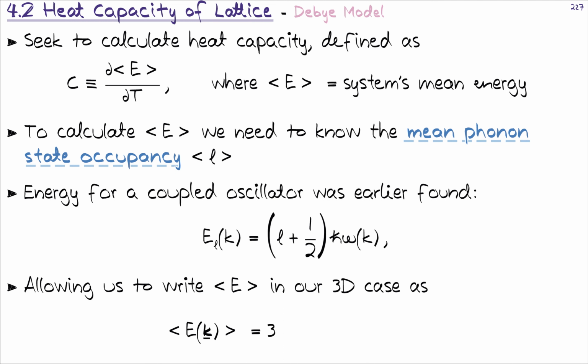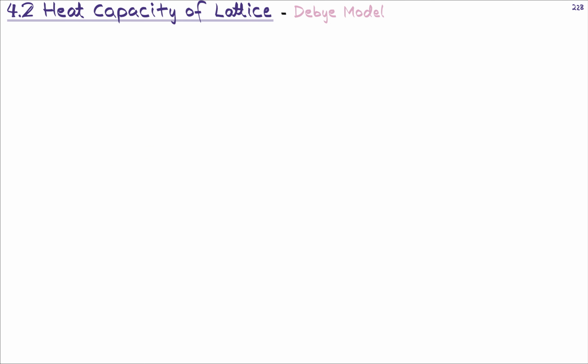Because of this, now we have 3 times the mean value of our principal quantum number L associated with the phonon vibrations plus 1/2 times h bar omega k. And of course the dispersion relation will now be that of a three-dimensional material. So this is how we could calculate the mean energy.